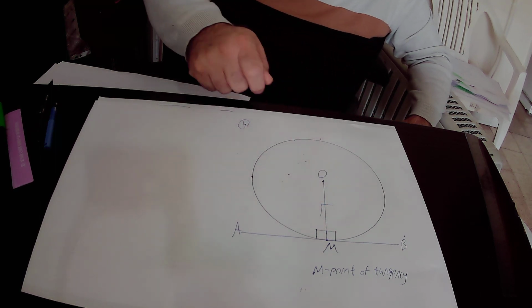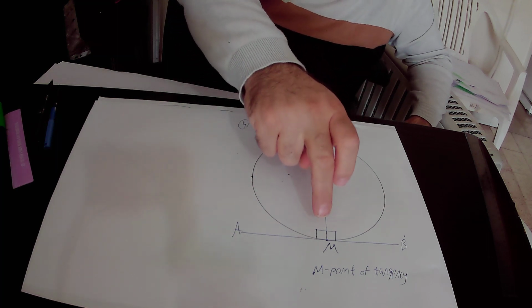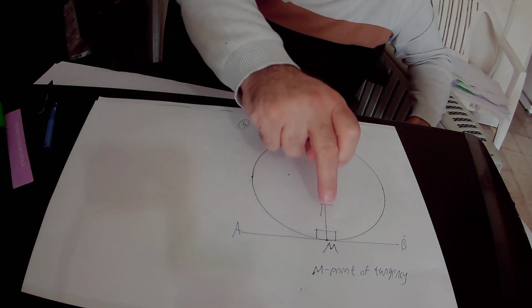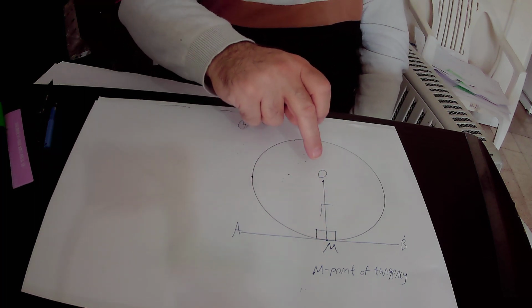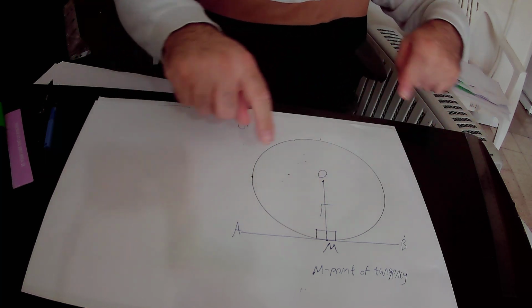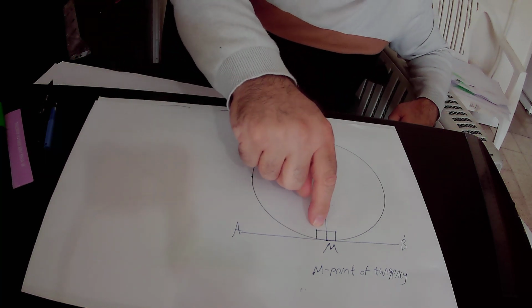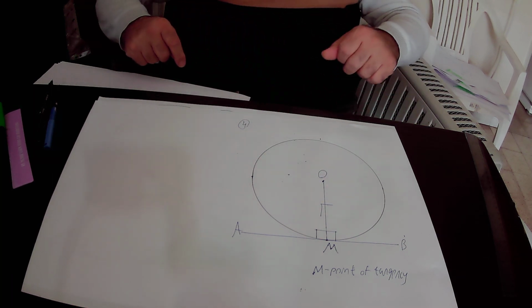Whenever a radius is drawn to the point of tangency, the tangent will be perpendicular to that radius.